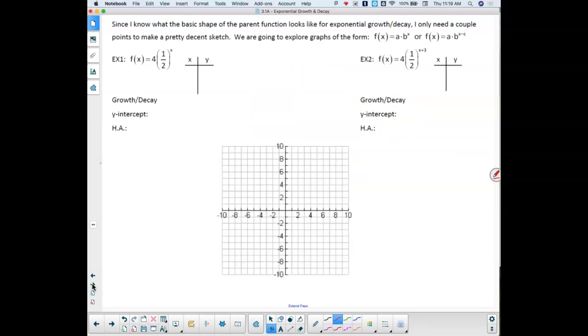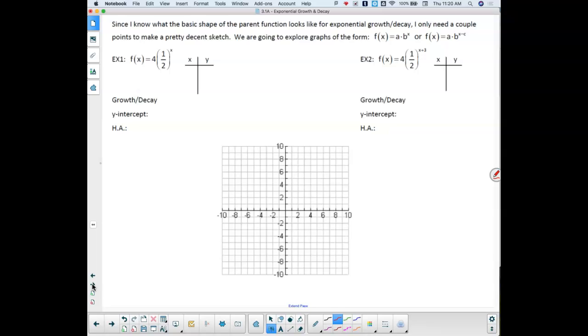So, let's put it to the test down here at the bottom. You're going to graph them both on that same graph. So if you have two colors, this would be a two-color type of thing because then you can distinguish between the two. If you don't, you're going to have to make sure that you know which one is which. Okay? So, f of x equals 4 times 1/2 to the x power. The easiest points to graph are when the exponent is equal to 0 and when the exponent is equal to 1.